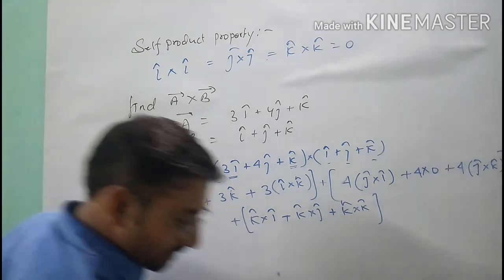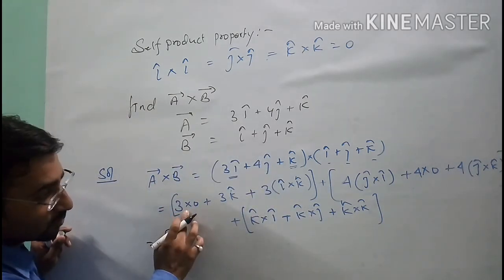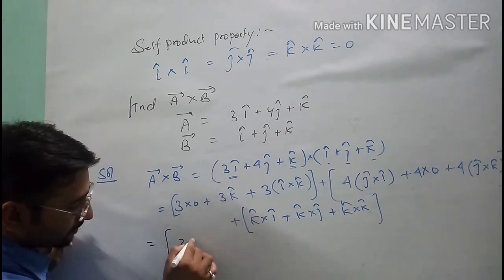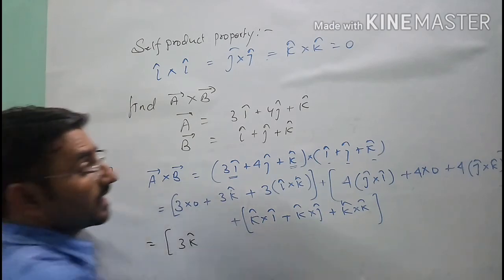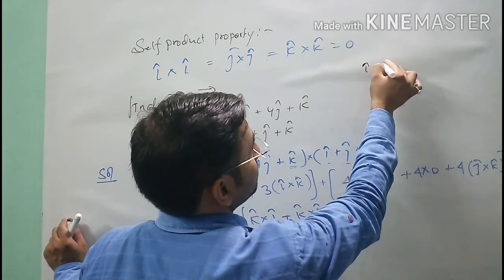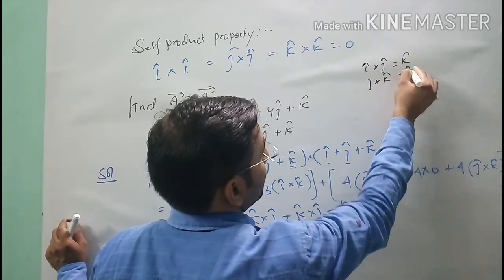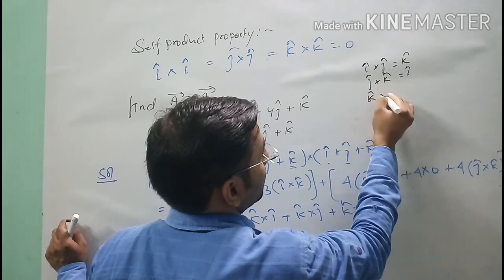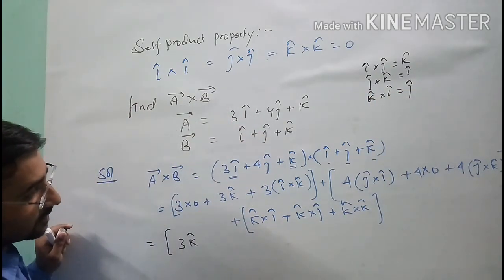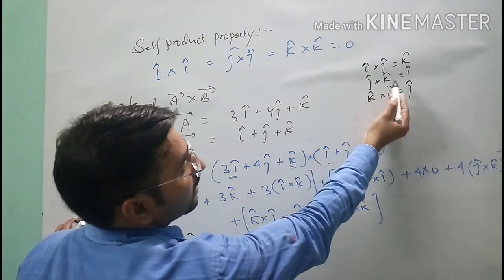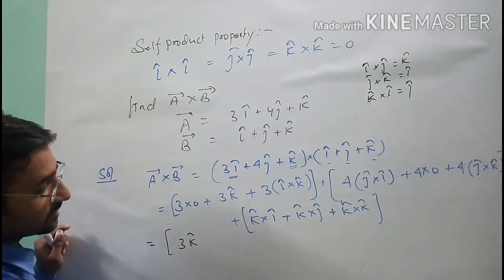So students, at final what I will write here, listen, the zeros are 0, no issue. 3k cap, i cross k, you know the formula. As I have written here, i cross j is equal to k, j cross k is equal to i, and k cross i is equal to j. So at that time, listen carefully. If I write i cross k, it is opposite of this, it will be minus j cap.